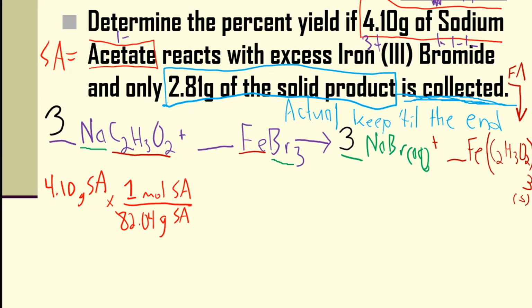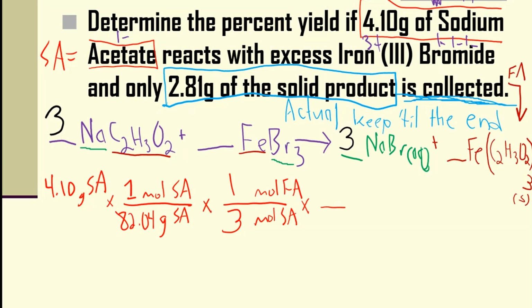Then I'm going to bring my moles of sodium acetate down and change that to moles of iron acetate. I look at the equation and you'll see that there are 3 sodium acetates to 1 iron acetate. So 3 sodium acetates to 1 iron.